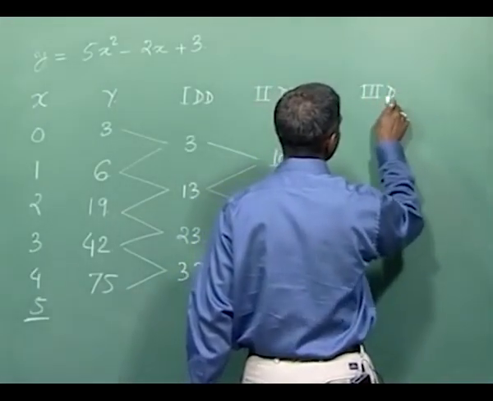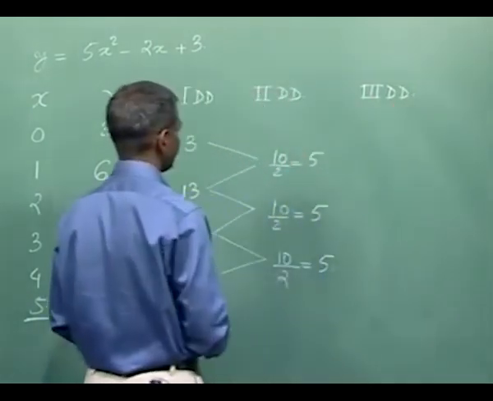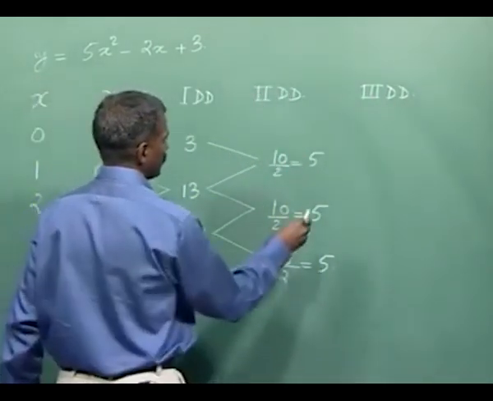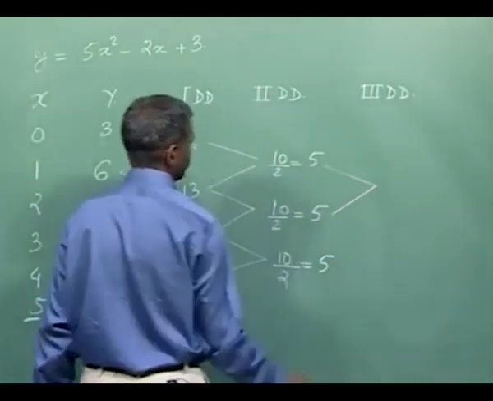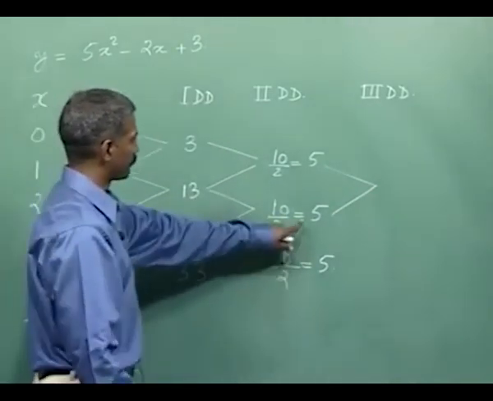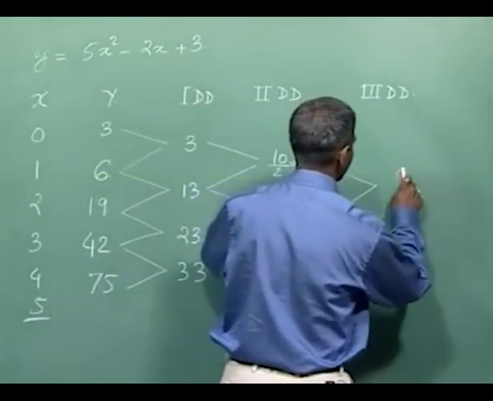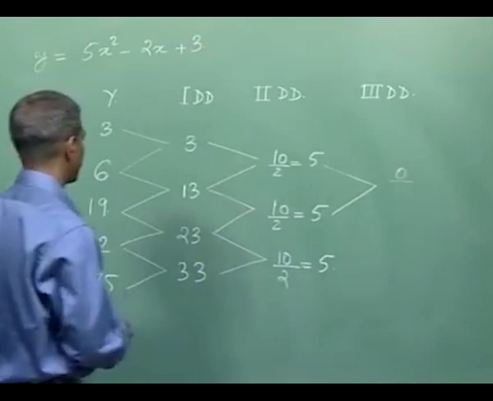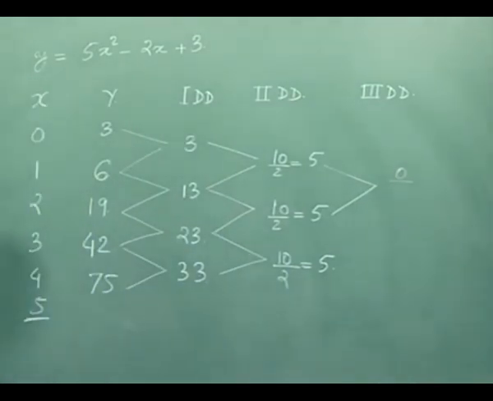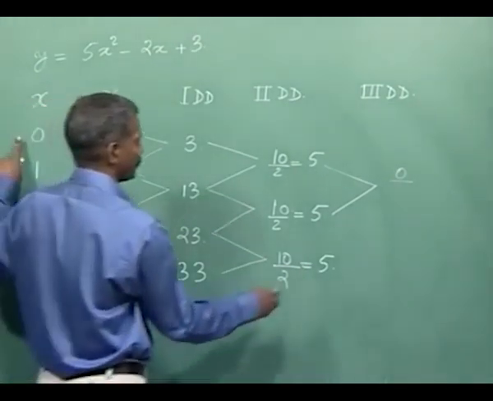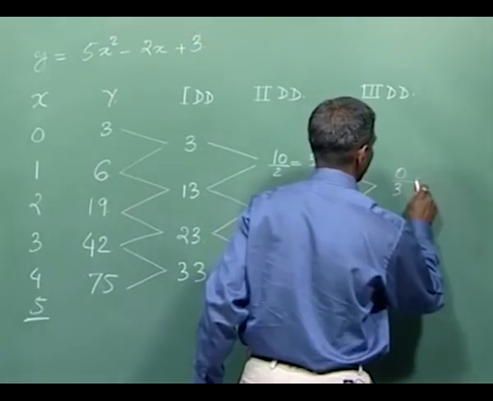I call them 3DD. So this is 5 minus 5, 0 over, now I'll have to be a little careful here. I'm going to be enlarging my interval. So this would be 3 minus 0, which is 3. This is 0.